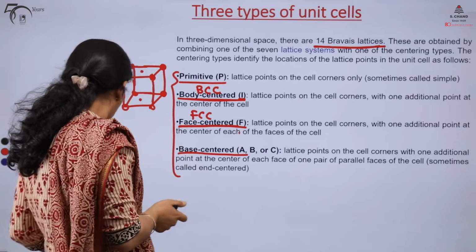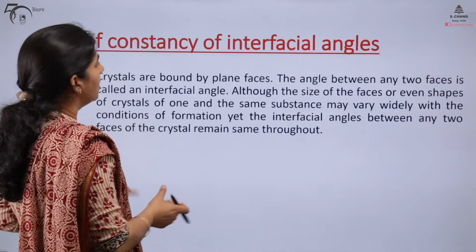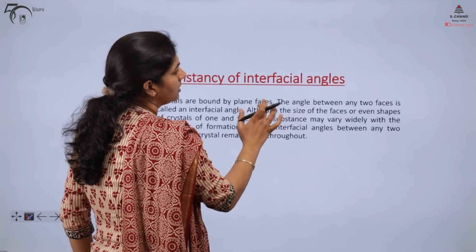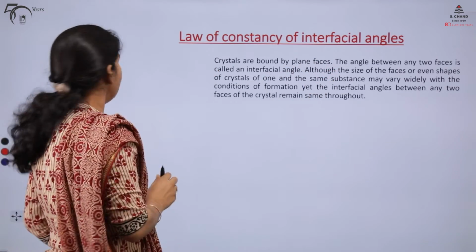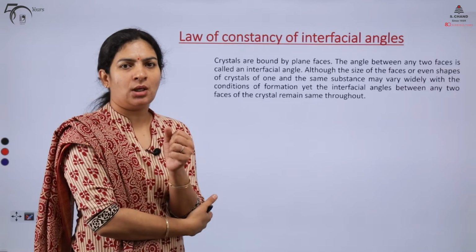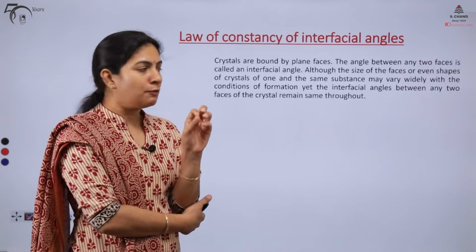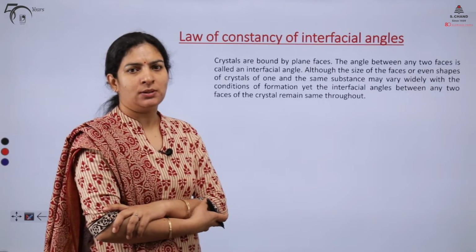Now after having understood this concept of Bravais lattices, there are a few laws which govern the solids. There are a few laws applicable to crystals. The first of these laws is the law of constancy of interfacial angles.